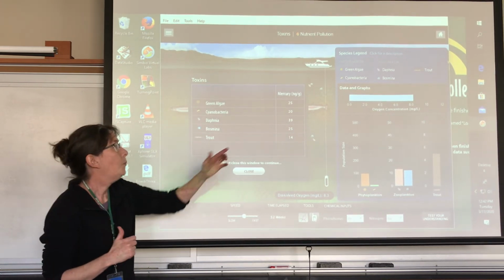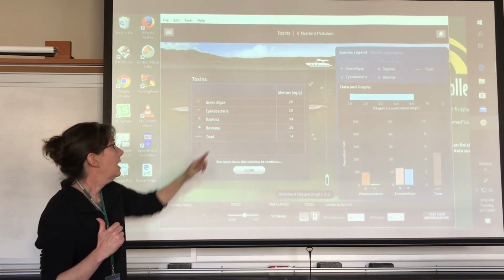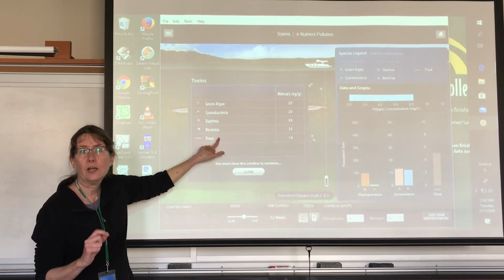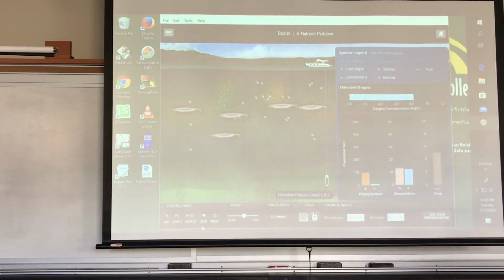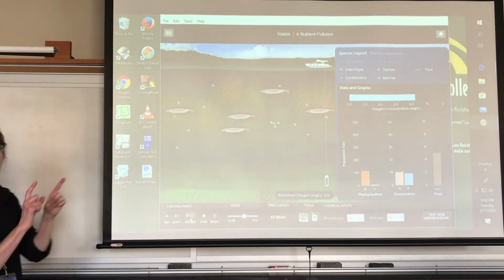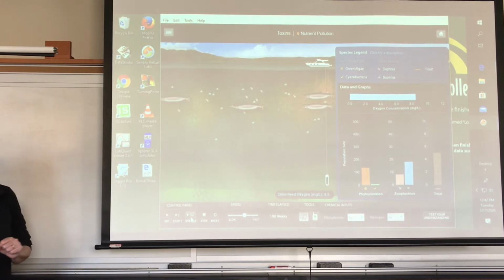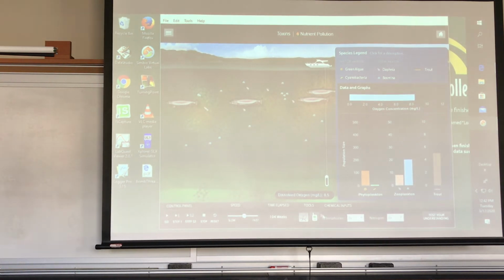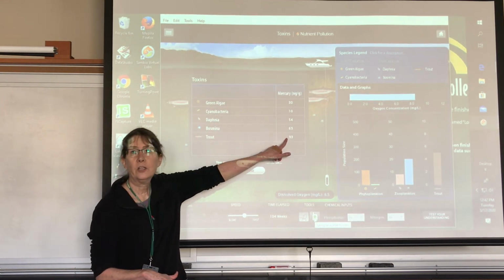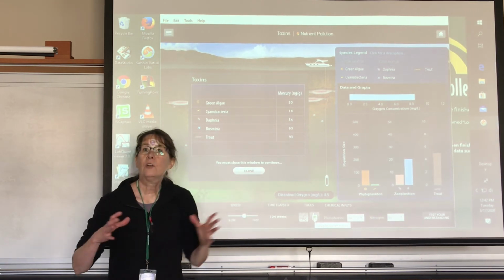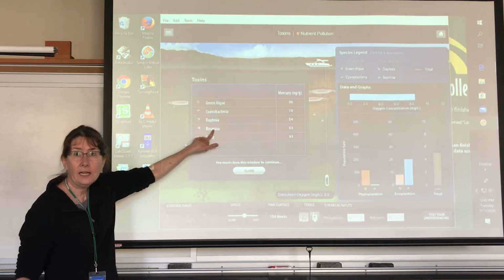Biomagnification is when we start to see the highest levels of a toxin appear in the higher levels of our food chain. So when we do this again, another 52 weeks, we will see changes in the levels of mercury in those organisms. Now when we look at it, the highest levels of mercury are in our trout, because the trout is accumulating all of the mercury that the Daphnia and Bosmina accumulated.